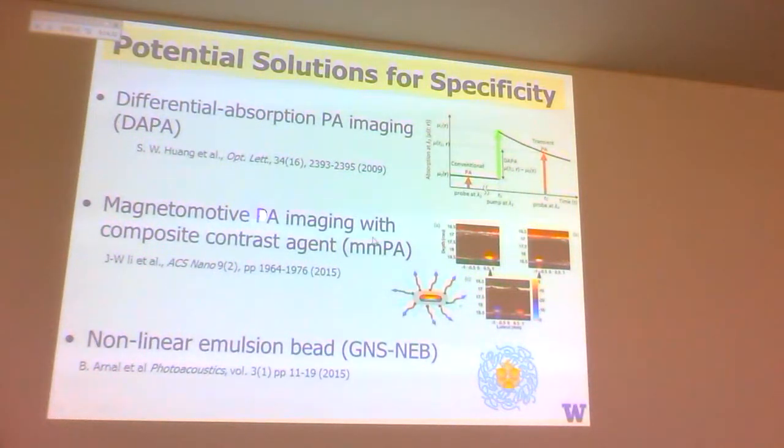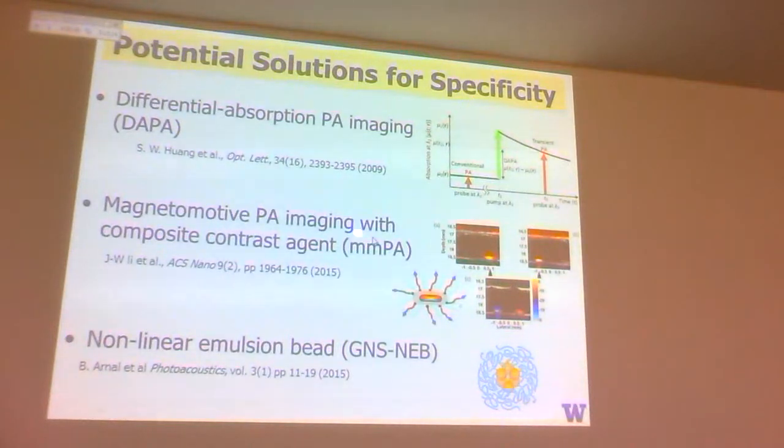We've looked at 3 different approaches for background suppression. One, a pure optical one, which is related to lifetimes. So designing agents where you can exploit coupled systems and look at lifetime measurements to suppress background. Those are not very efficient, so I won't talk about them at all.